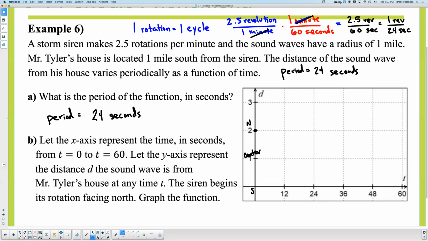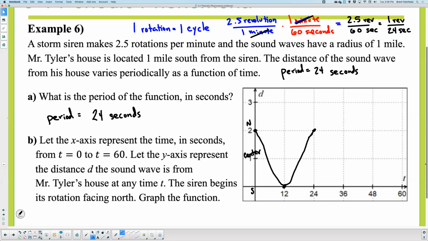The center is here. We start 1 mile to the north, and then it takes 24 seconds to go all the way back to here, which means the minimum would be at 12. I want to round off the edges rather than making them linear, because that's how it's technically going to work in the real world. And then you would repeat that.